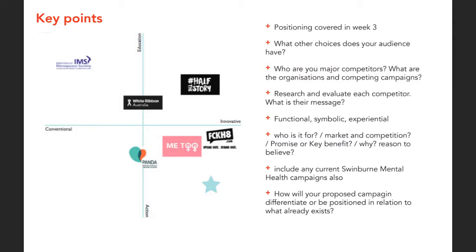So you want to think about, who is it for, the market and competition, why are they doing the campaign, and include any current Swinburne mental health campaigns also, and how will your proposed campaign differentiate or be positioned in relation to what already exists. And of course that will go into a lot more detail in week 3.